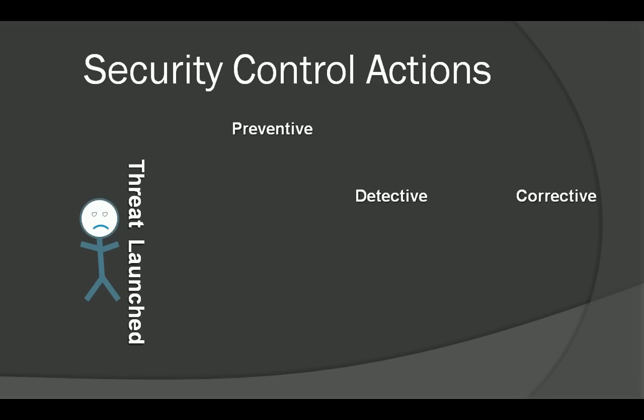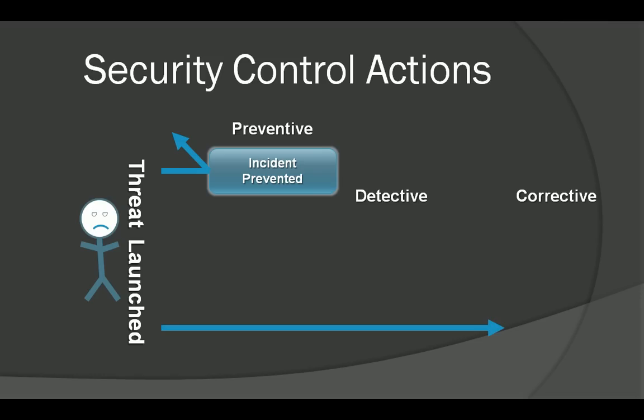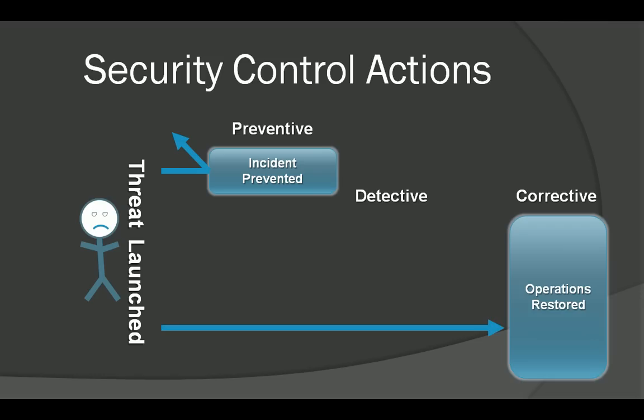So my bad guy is going to launch a threat. With preventive controls, he launches the threat, or she launches the threat, and the incident is prevented. That's a preventive control. So that would be something like a firewall or a lock on the door. With a corrective, so after our threat is launched and something bad happens, a corrective control is going to restore operations and hopefully identify how it happened so we can prevent that.